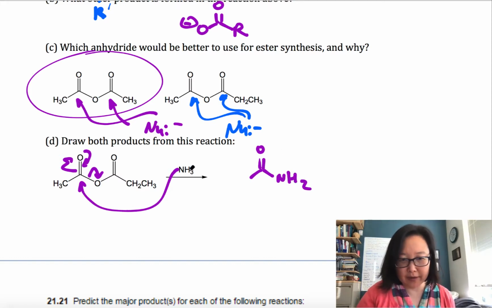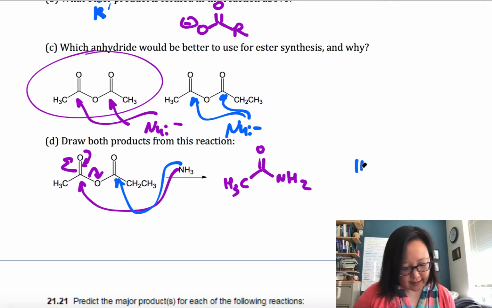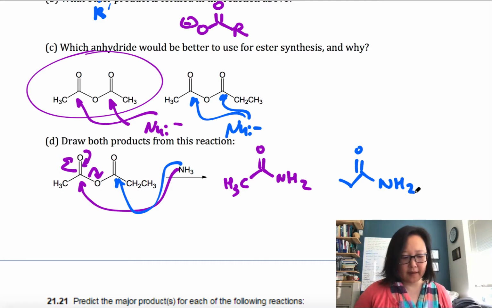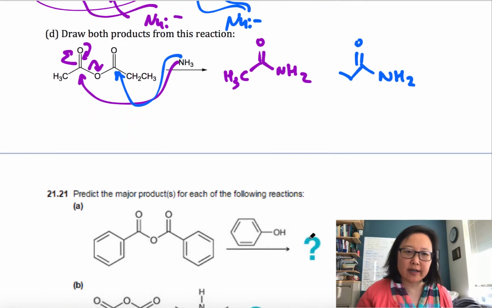I'd have to deprotonate this last hydrogen here, but I would have that. And then in a different color, if I attacked here instead, then I think you can see I would end up with this propanamide instead. Okay, so it does matter, and so for that reason you'd want to try to use a symmetric anhydride if possible.